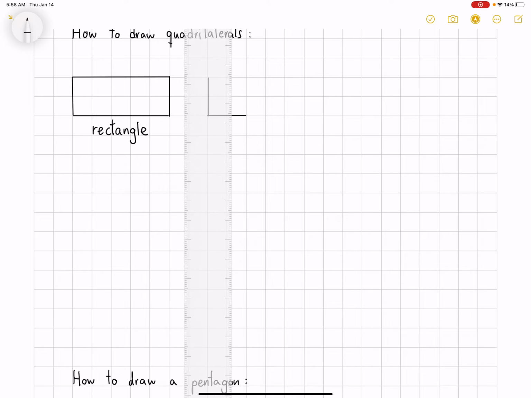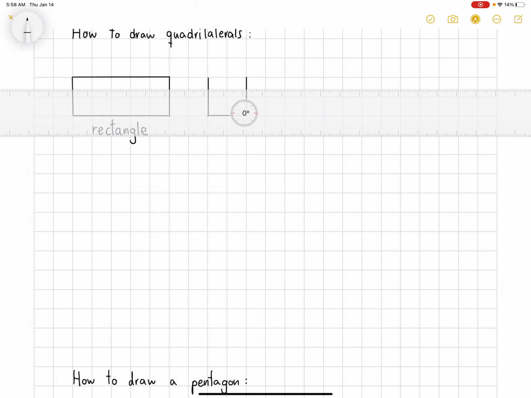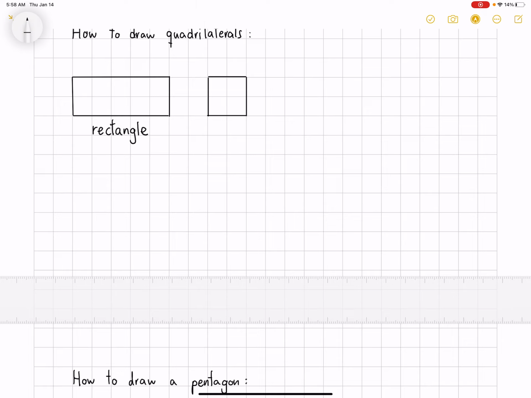Can you see how I'm making those corners? Those angles are 90 degrees, right? They look like the end of a page or the end of a book, so make sure you're making them this way. And 1, 2. And let's write square.